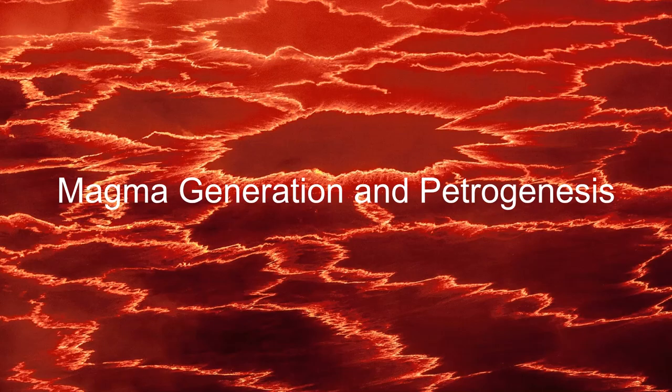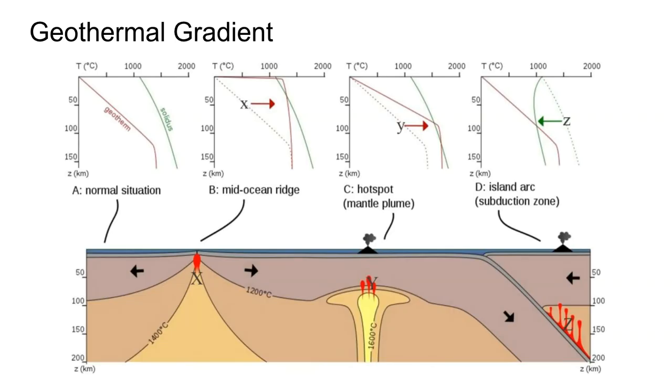All right, well, let's talk about how magma is generated, and then how we produce rocks from that magma. So first of all, just a review of the geothermal gradient again. As you go deeper into the Earth, it gets hotter, but unless the geotherm crosses over the solidus, you don't get melting of rock.